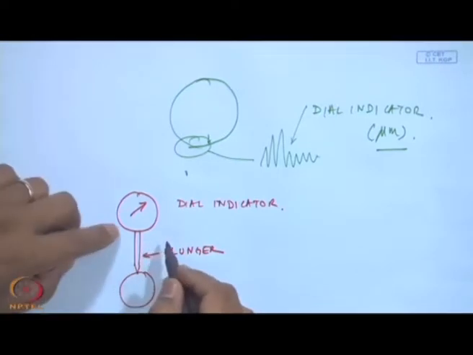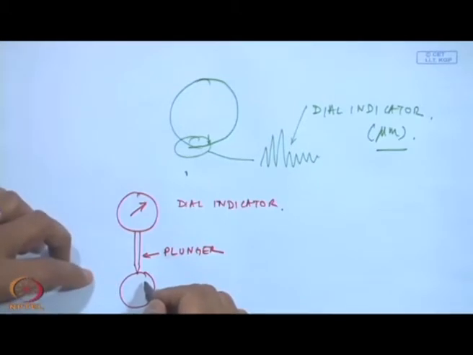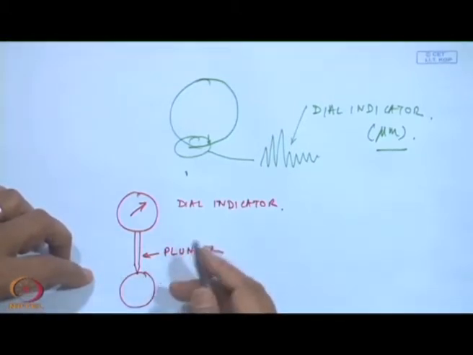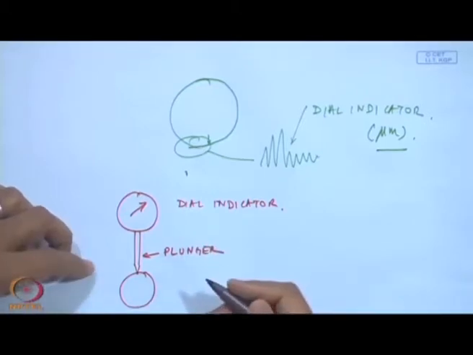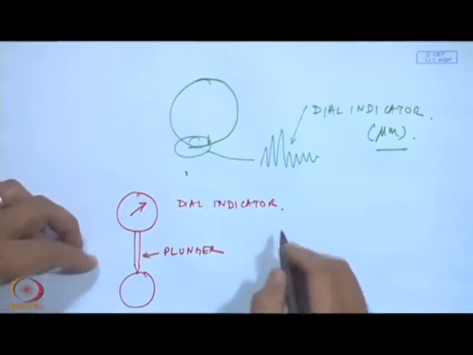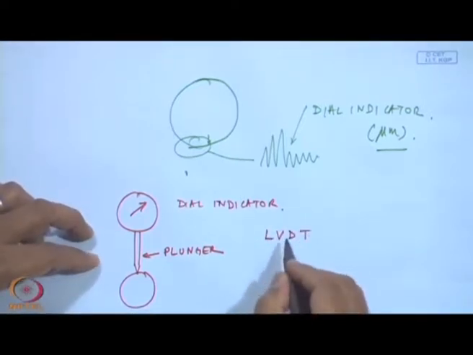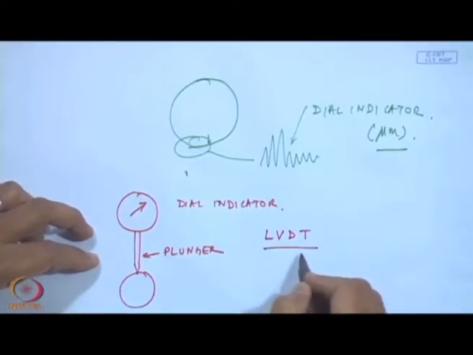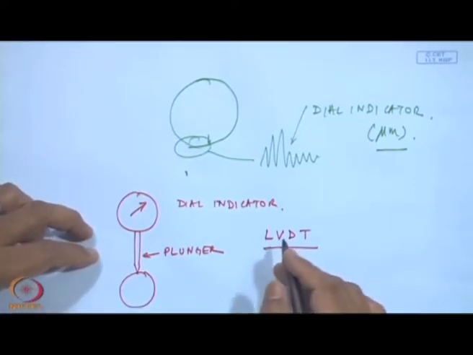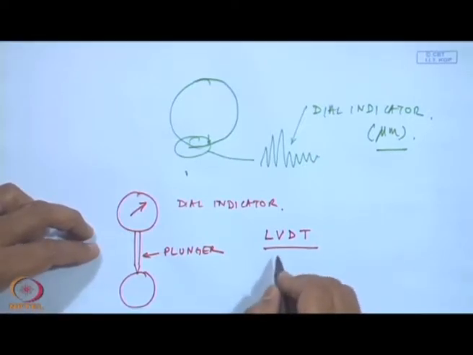Because of the inertia in the plunger, this plunger is not able to respond to quickly changing stimulus. So, the need for high frequency measurements arises, and that is where our dial indicators or LVDTs, linearly variable displacement transducers, have a limit in the frequency range as to how much they can measure. Okay. I mean, for low speeds they are good.